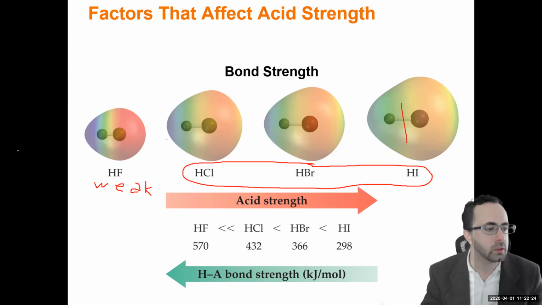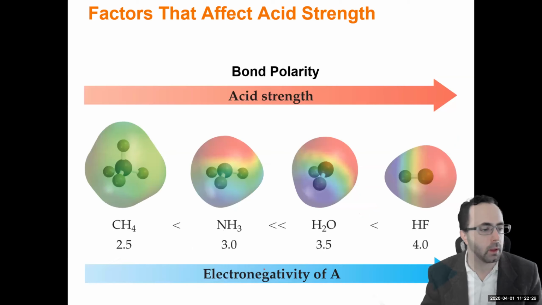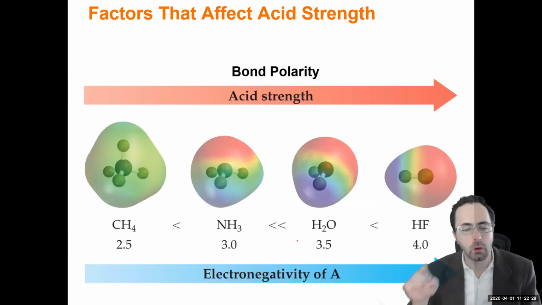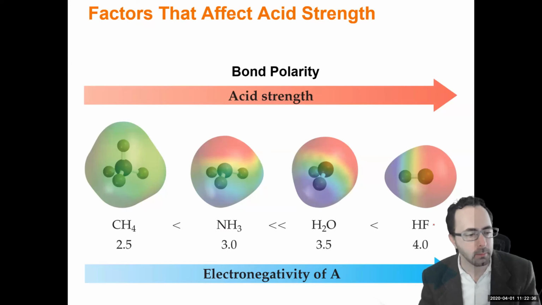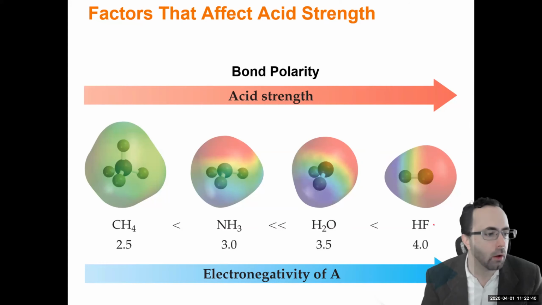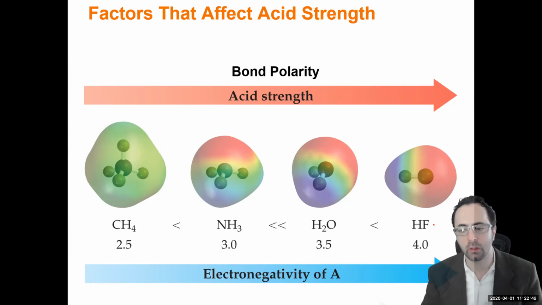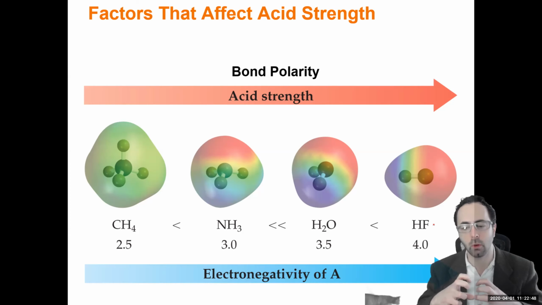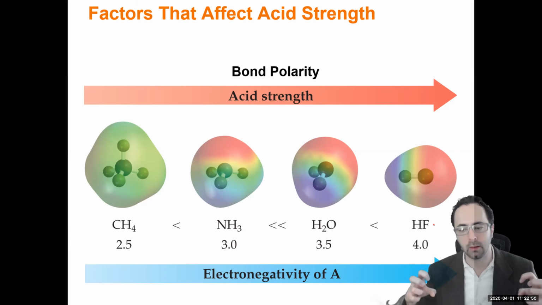If we're going horizontally like this, on the periodic table, carbon is to the left of nitrogen, which is to the left of oxygen, which is to the left of fluorine. So as you're going left to right, it all has to do with the bond polarity. The more polar the bond is, essentially the easier it is going to be for these to separate into ions.